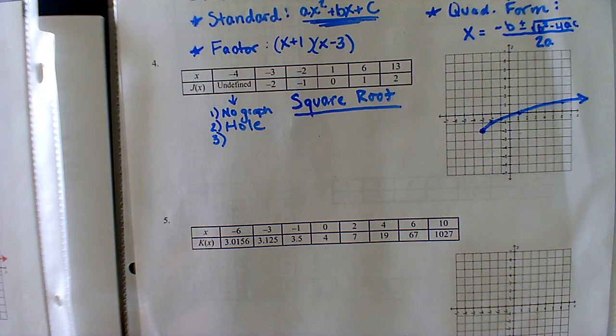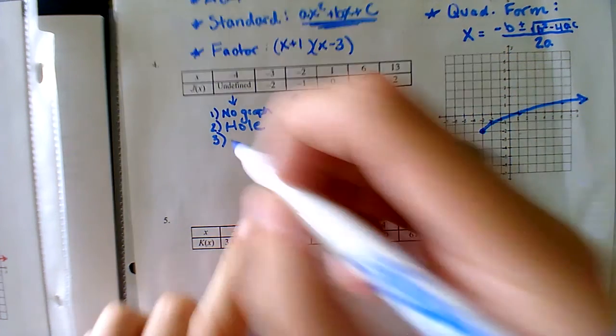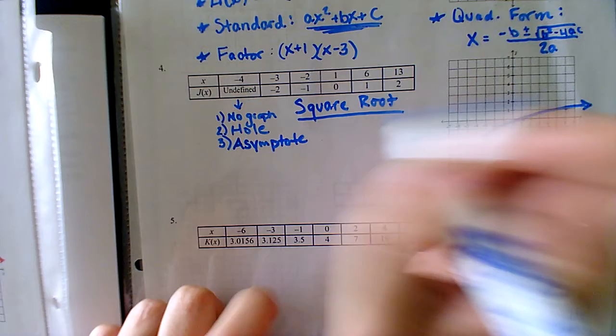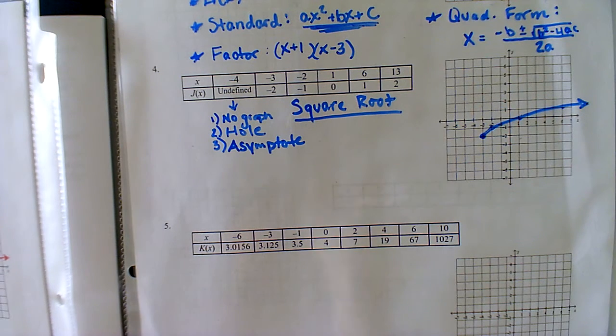Asymptote, right. Okay, so if you see the word undefined in a table, one of those three is happening. In this case, there's no graph. We'll eventually see some examples of holes and asymptotes.